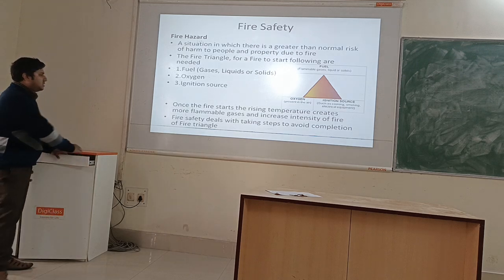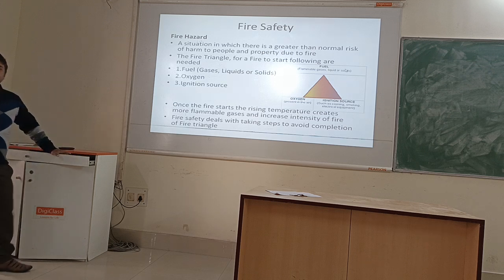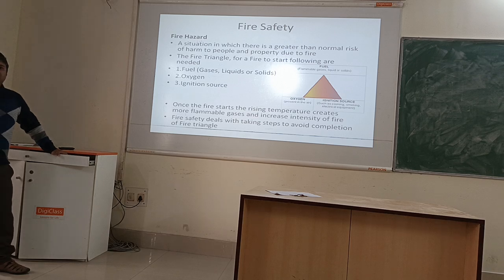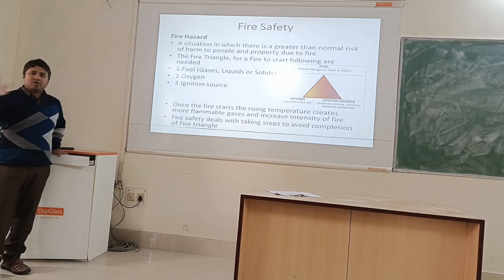So this is the fire triangle, which represents the presence of air, that is oxygen, the ignition source such as cooking oil, smoke, electric equipment, and the fuel that is present. It could be any combustible material: wood, paper, oil, cooking oil for household uses.